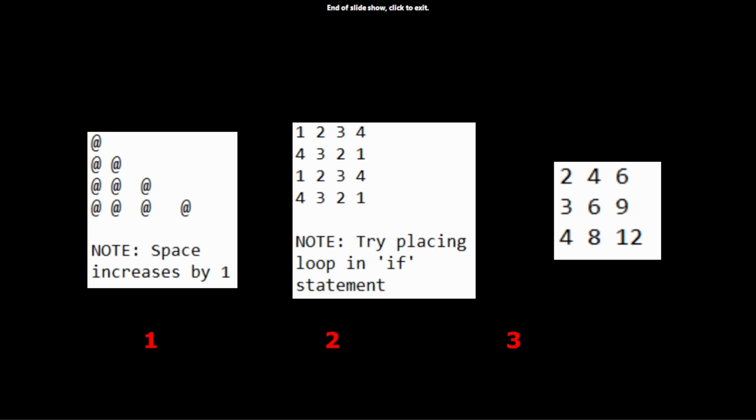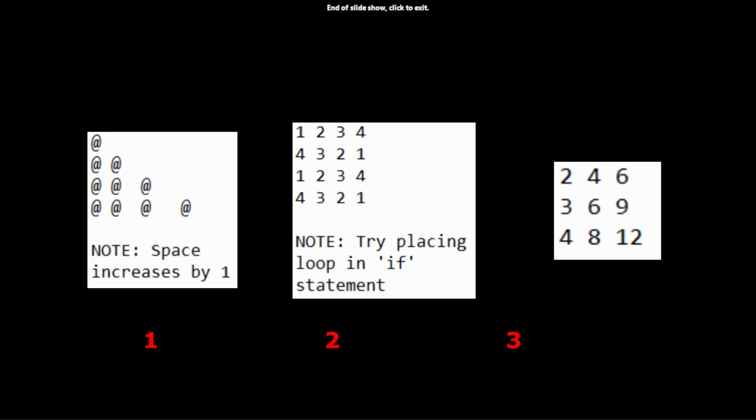So just a quick recap. Loops are a collection of statements which are repeated until a certain condition is met. And we have 3 types of loops in Java. We have the for loop, the while loop, and of course the do while loop.